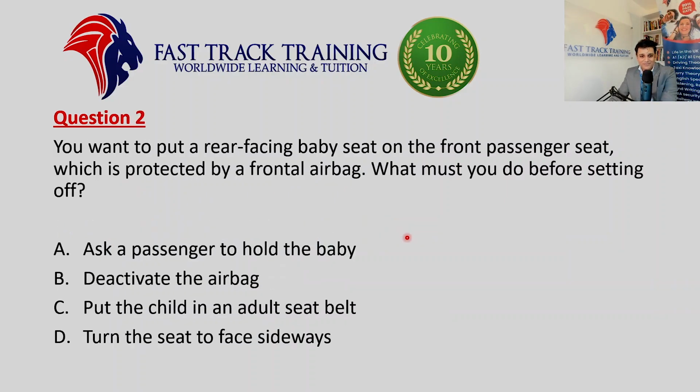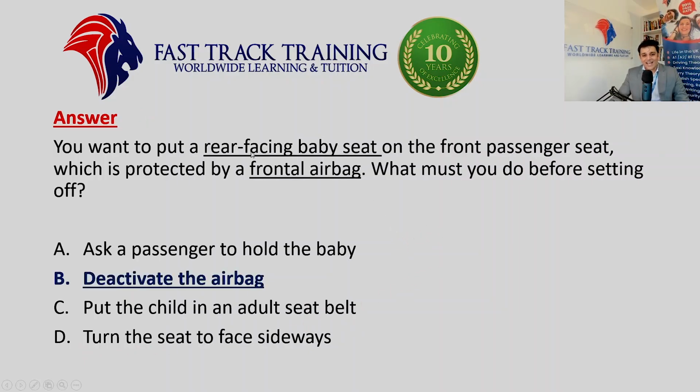That's correct. You want to put a rear-facing baby seat on the front passenger seat, which is protected by a frontal airbag. What must you do before setting off? Ask a passenger to hold the baby, deactivate the airbag, put the child in an adult seatbelt, or turn the seat to face sideways. The correct answer is deactivate the airbag.